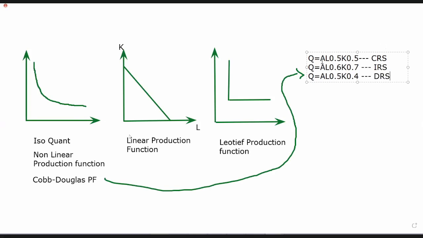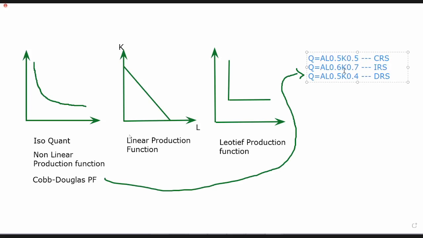So B plus C, or alpha plus beta, equals 1: we identified this as constant return to scale.